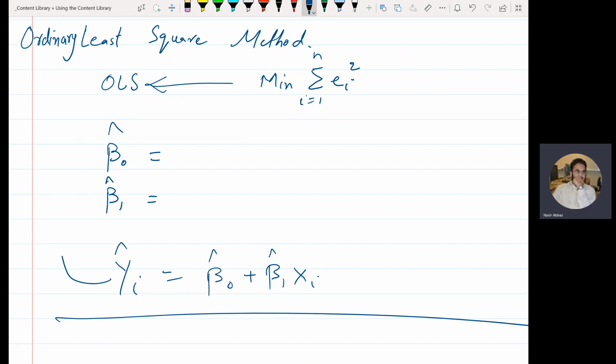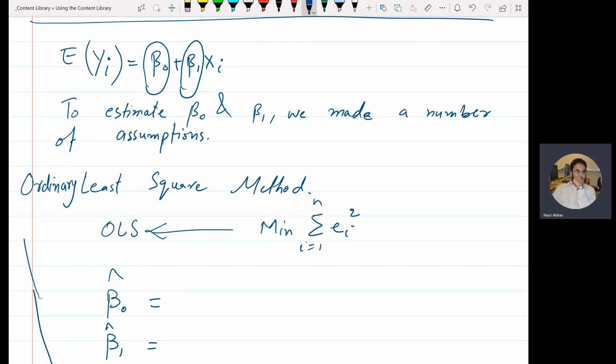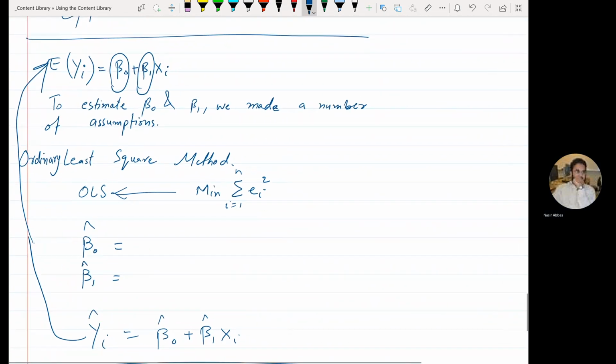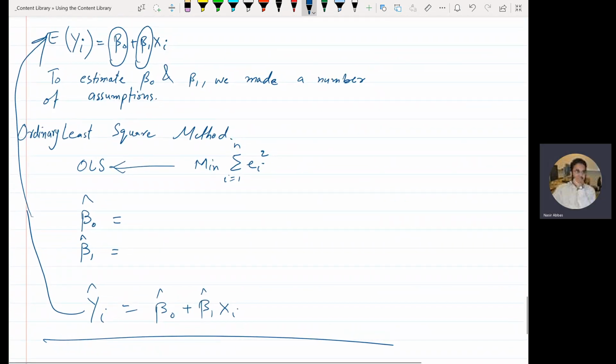This, we will say, is an estimate of the actual red line, which we are hoping that this estimated line is close to the actual line. So you see, everything is between this.